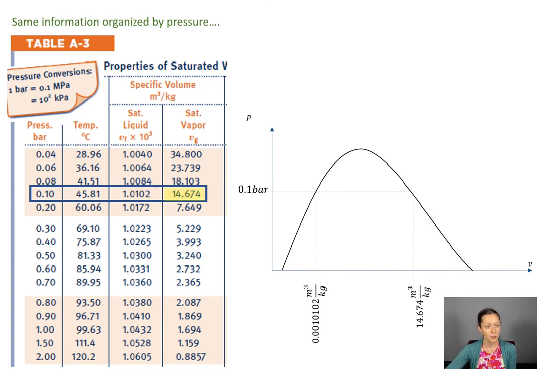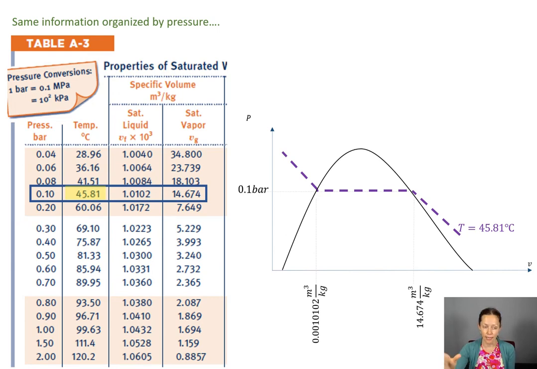And then if I had a saturated vapor at 0.1 bar, then my specific volume would be 14.674 meters cubed per kilogram. All right, and then I could also draw myself a line of constant temperature, and that would be 45.81 degrees Celsius.